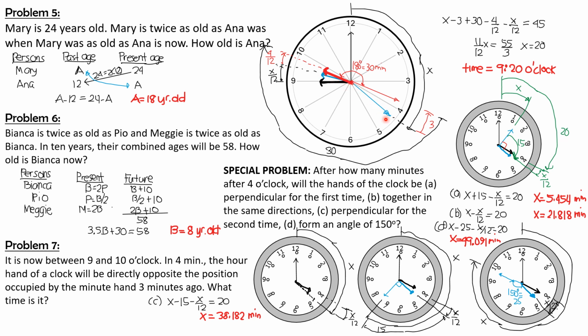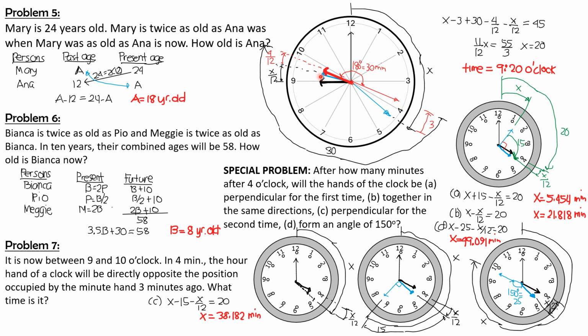So this would be the position of the minute hand 3 minutes ago, opposite to the position occupied by the hour hand in 4 minutes. So in 4 minutes, the hour hand will be directly opposite the position of the minute hand 3 minutes ago.